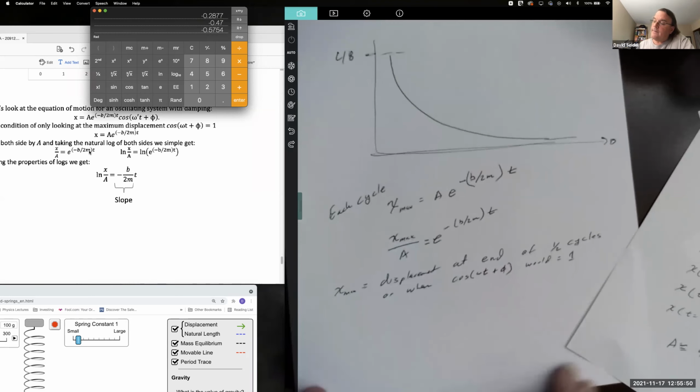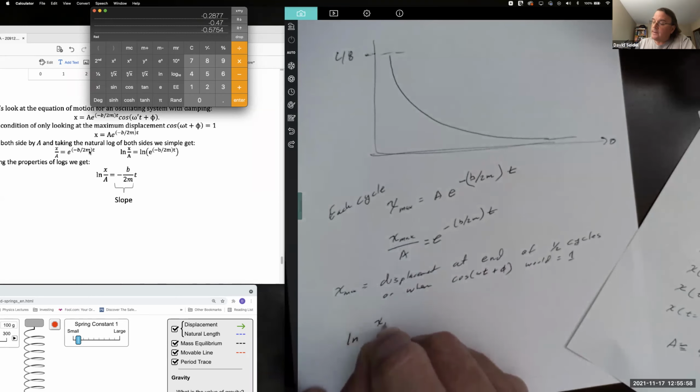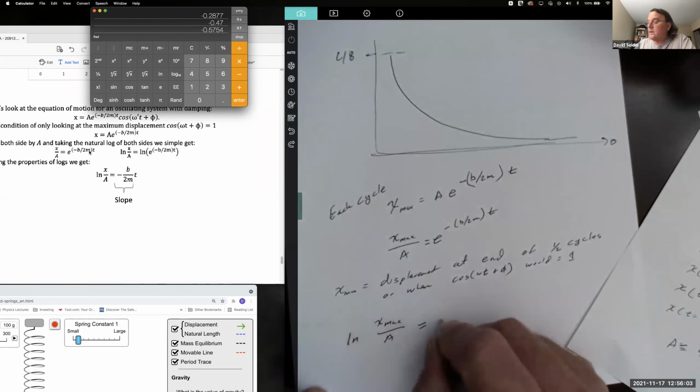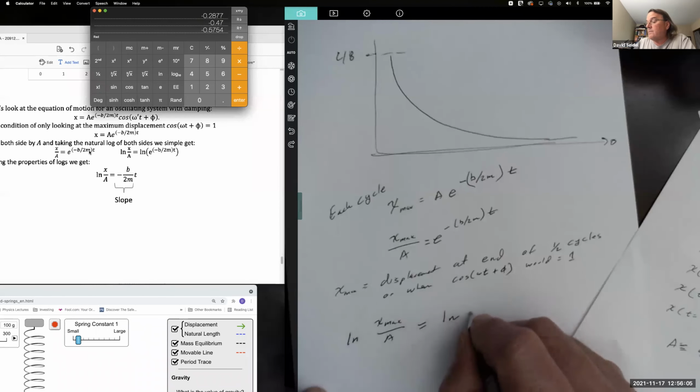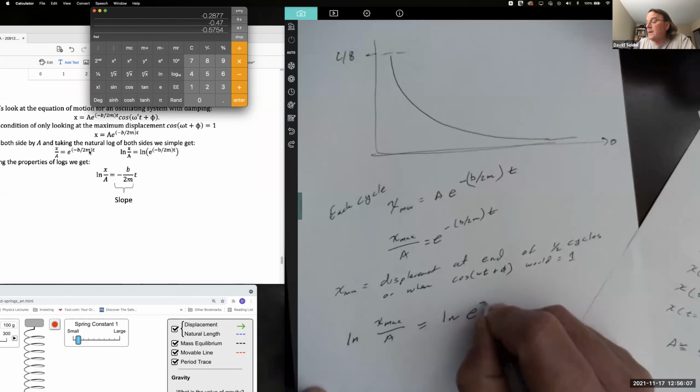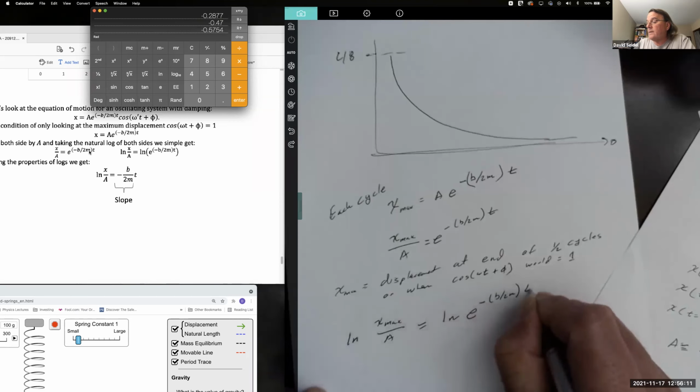But a neat fact is the fact of logs. So the natural log of X max over A is equal to the natural log, I'm just doing the same thing to both sides, of e to the minus b over 2m times t.